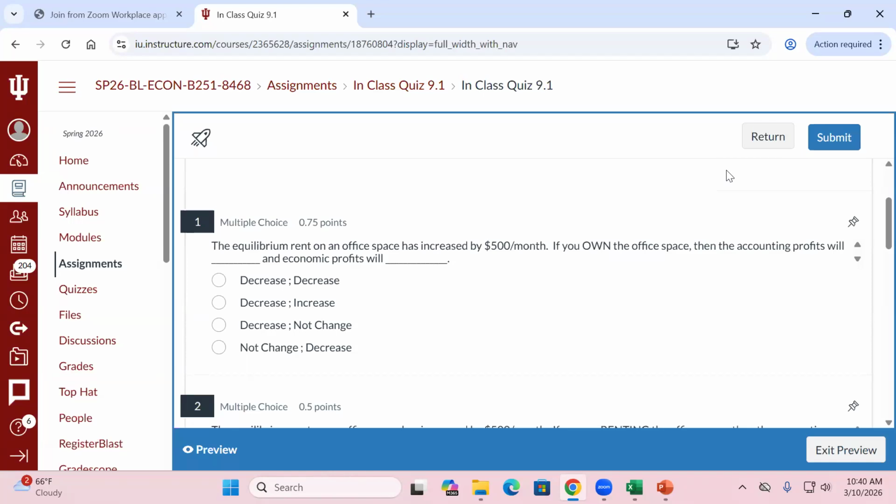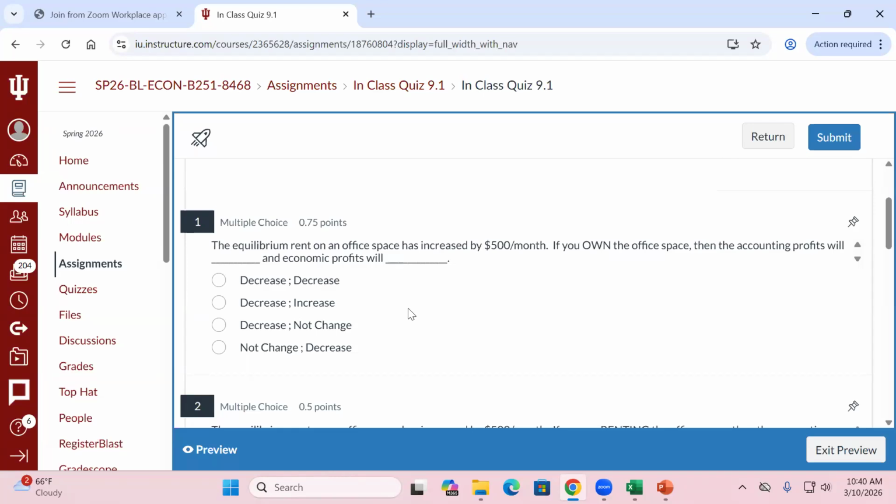If the rent that I could be charging for that building goes up by 500, well, I own it. I'm not paying that. So it's not an explicit cost. It's something I'm foregoing by not renting it out to someone else. It's only an implicit cost. But yes, I'd be a little more specific than that. I thought it was implied, but yes, I'd be a little more specific. Any other questions on this before we keep moving?